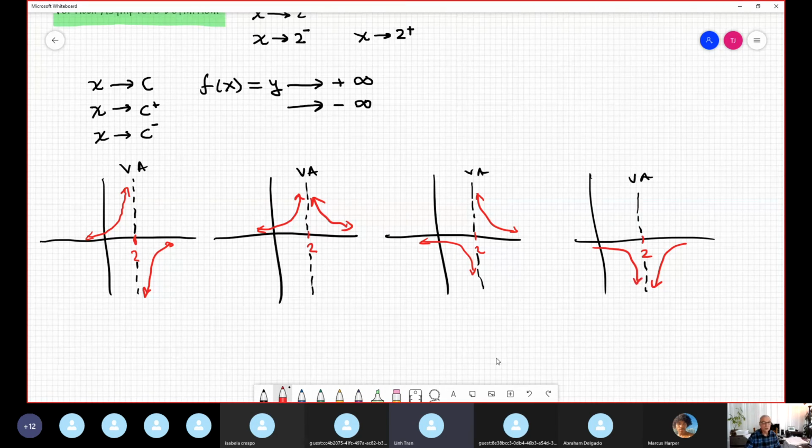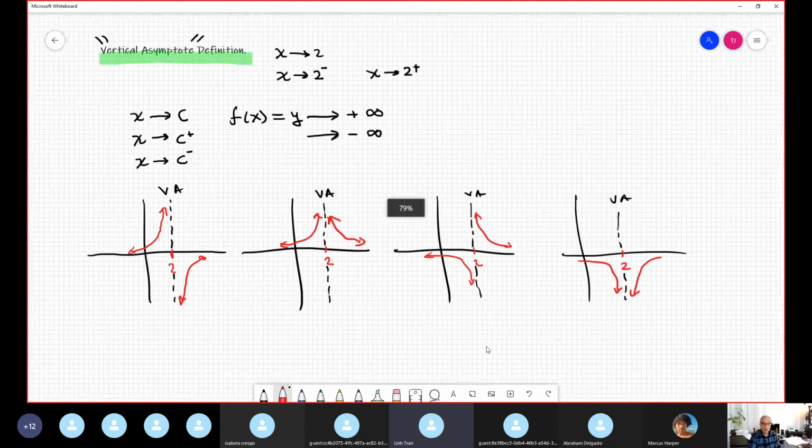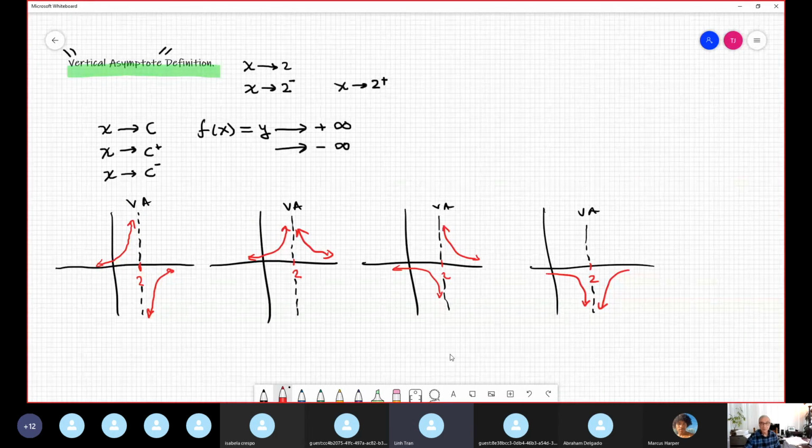Okay, so how do you determine the location of the vertical asymptote? Easy. You take the rational function f of x equals p of x divided by q of x.